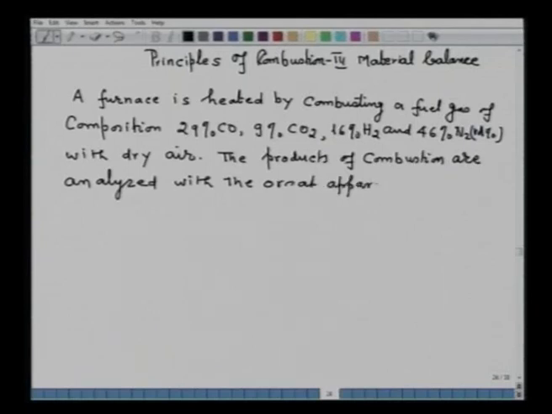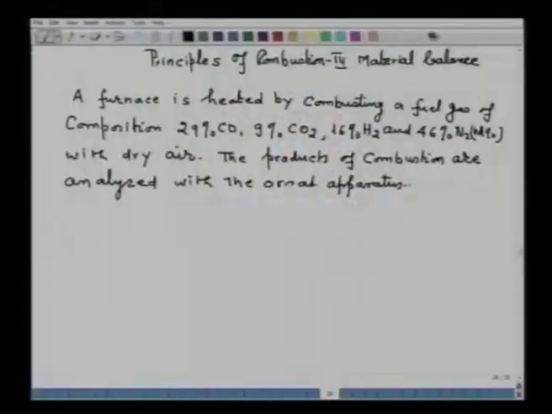and as all of you know, whenever analysis of the products of combustion is done by the Orsat apparatus, the analysis is always on dry basis. So, this point is to be noted that Orsat analysis gives the analysis of POC, or products of combustion, on dry basis.